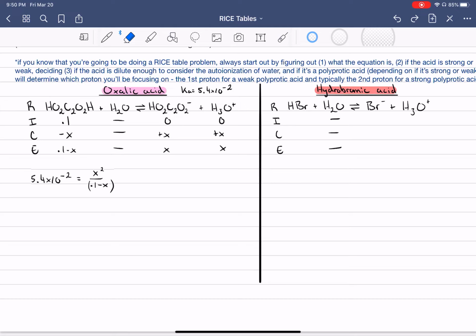So what I'm going to do is I multiply all this over, and when I do that, 5.4 times 10 to the negative 7th times 0.1, it's going to move over 1 decimal place, 0.0054, or you could write 5.4 times 10 to the negative 3rd, minus 5.4 times 10 to the negative 2nd x equals x squared.